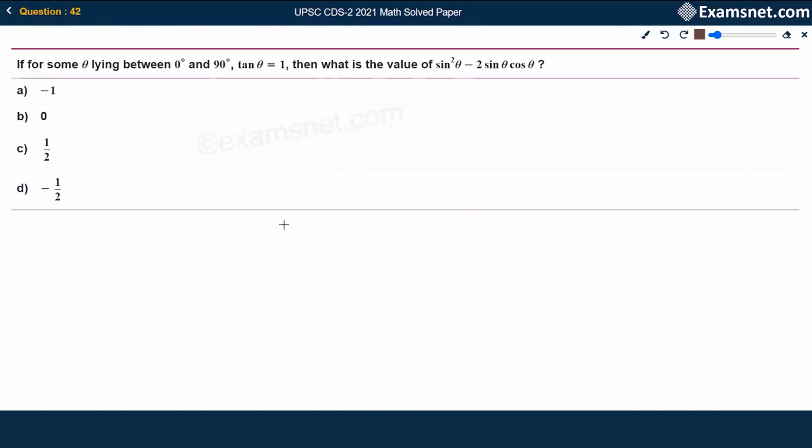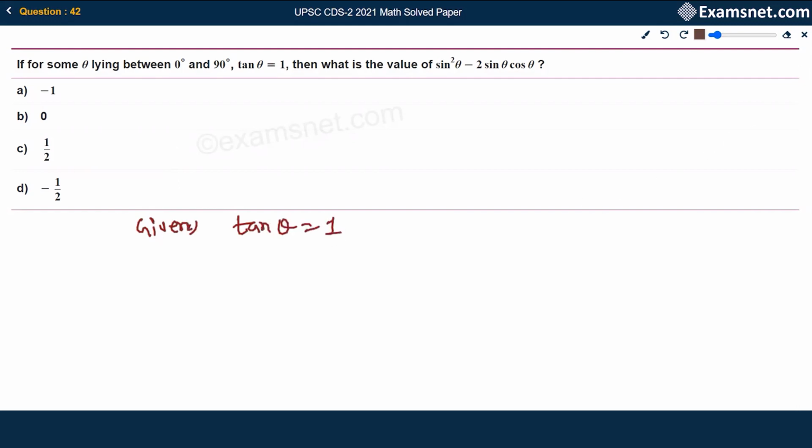In question number 42, it is given that if for some theta lying between 0 degree and 90 degree, tan theta equals 1, then what is the value of sine square theta minus 2 sine theta cos theta? First of all, it's given that tan theta equals 1.